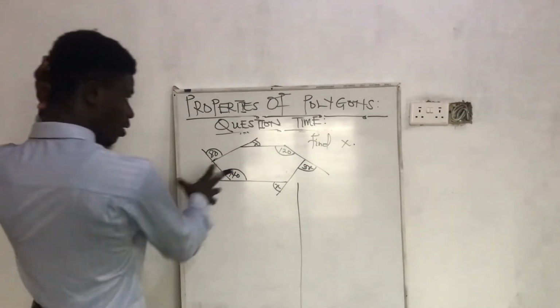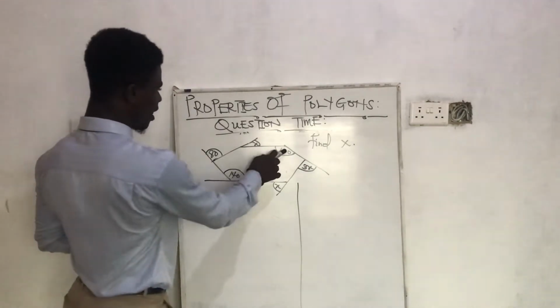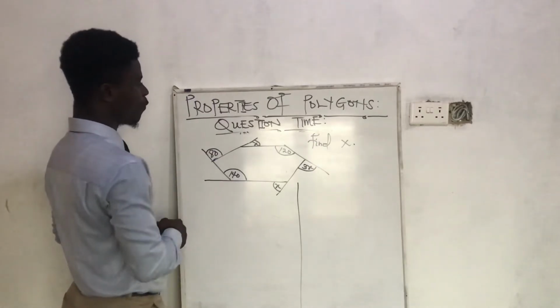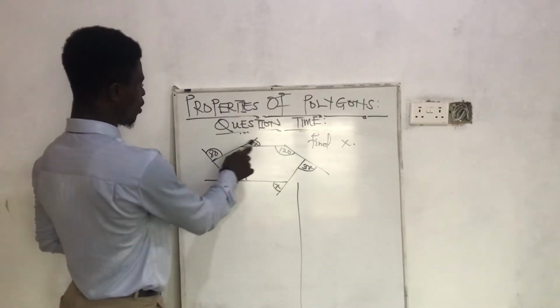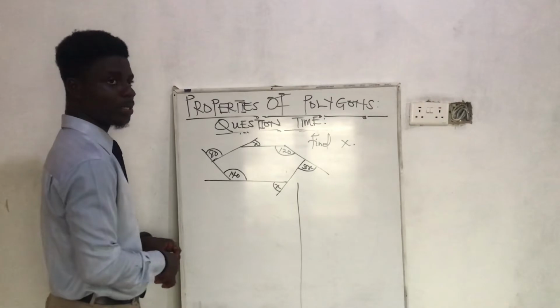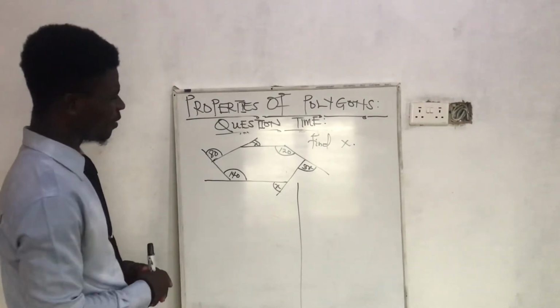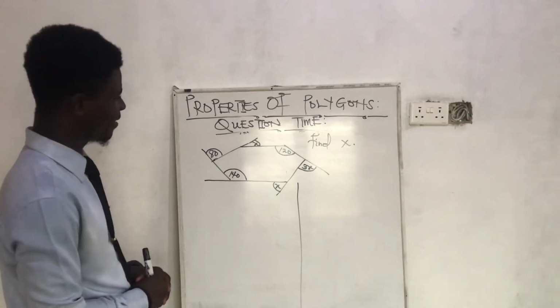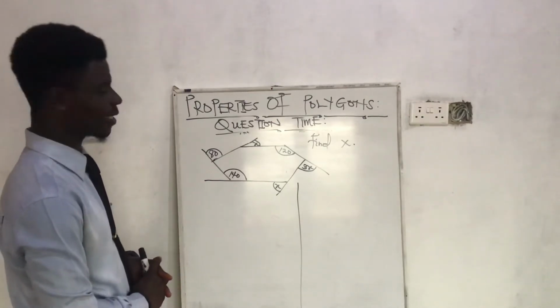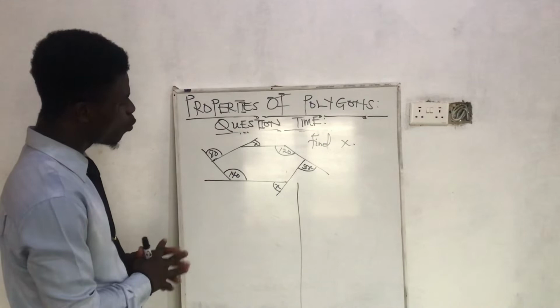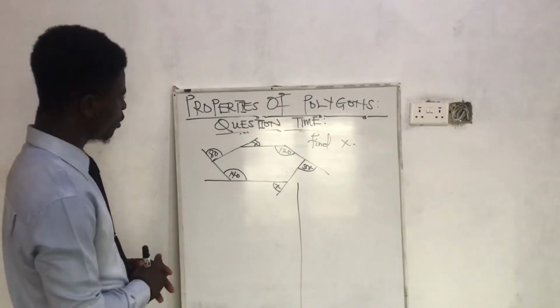Alright, they are all inside the polygon. So we have two angles forming the interior angles. Then we have 1, 2, 3, 4 angles forming the exterior angle. So how can we solve this question? Alright, so let's go through this question carefully.